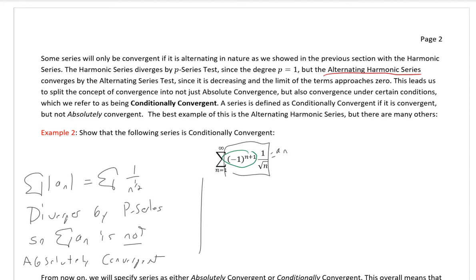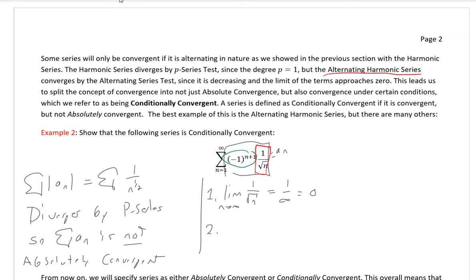But if we address the alternating series test, we look at both the limit and whether it is increasing or decreasing. Well, the limit of, in this case, b sub n, which is just these pieces here, so the limit of 1 over root n as n approaches infinity is 1 over infinity, which is 0. That's one of the conditions for alternating series.